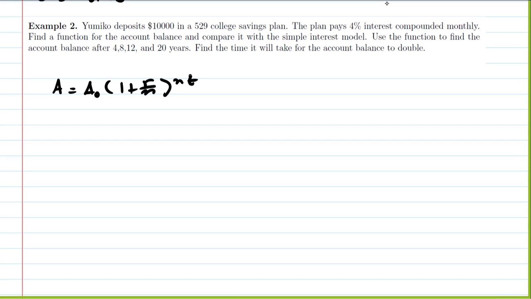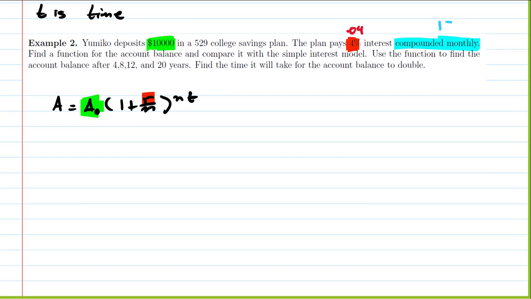So we identify our different parts. Our starting amount is going to be $10,000. Our interest rate is 4%, but we can never use a percent. We always have to convert to a decimal. So we get 0.04. The number of times it is compounded is monthly, and there are 12 months in a year, so our N is going to be 12, and T is just going to be time.